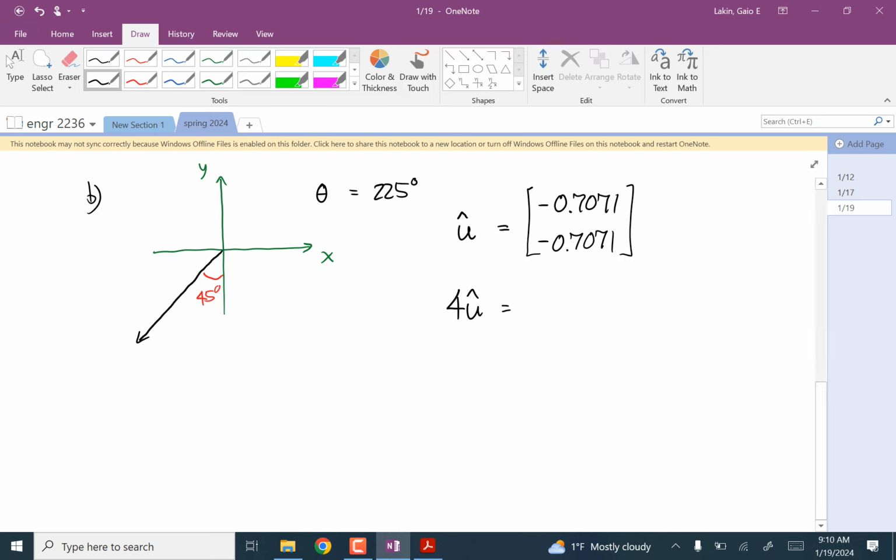Yeah, somewhere around 2.8 for sure. Negative 2.8, 2.828, right? But you guys are all good at multiplying.